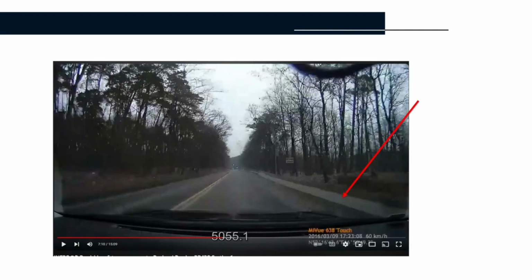I'm happy because I found some good solutions in this film as well. For example, here you have the sidewalk outside the road. Why is it so important that the sidewalk is outside the road?